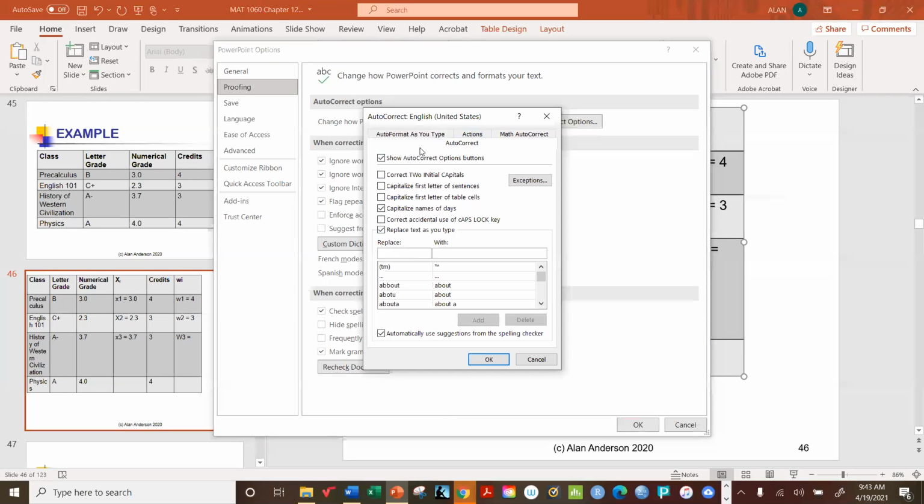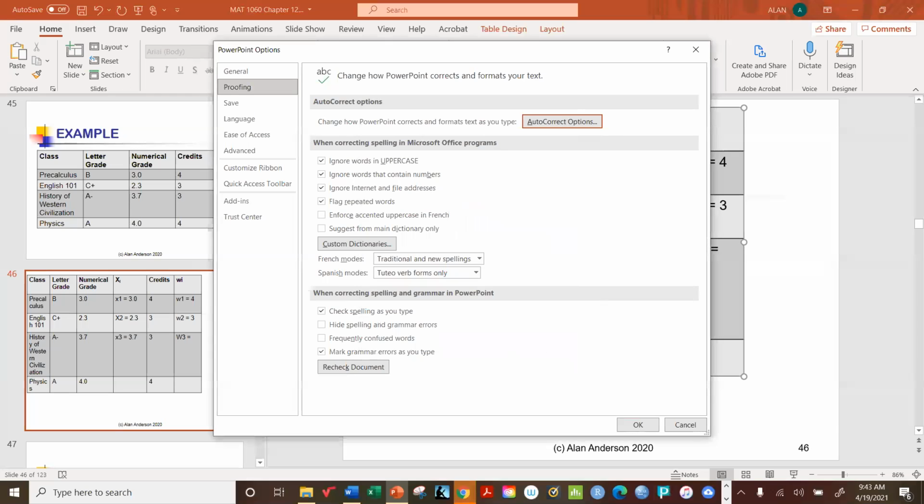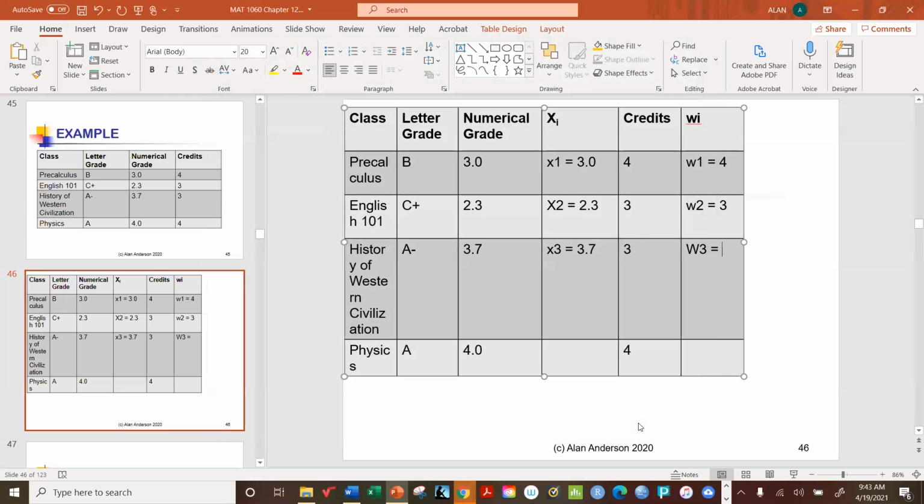Just tell it to stop doing that. So in other words, don't worry, I'll take care of that. You just let me do the thinking, okay? So you see it's not doing that. It's not capitalizing it on me. Yes, I basically told it to stop doing that. Okay, I will take responsibility for getting that right. All right, so finally, it's done.